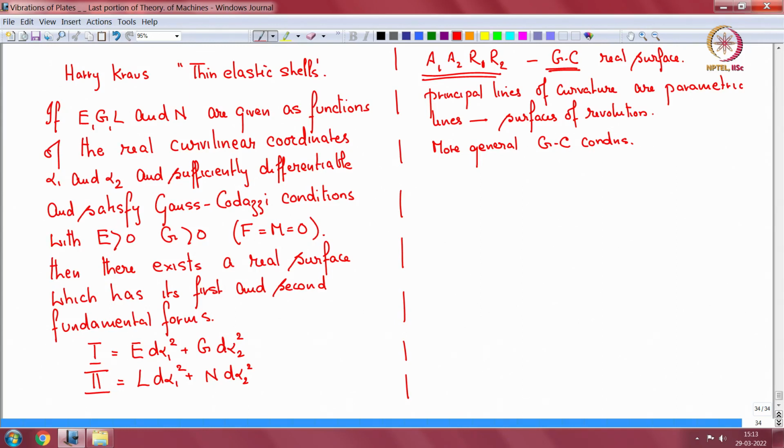Now, we have found our strains. The next step is what we call the Love simplification. Now, what is this? We are dealing with thin plates or shells.